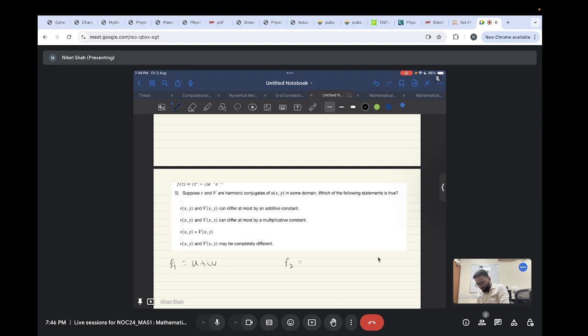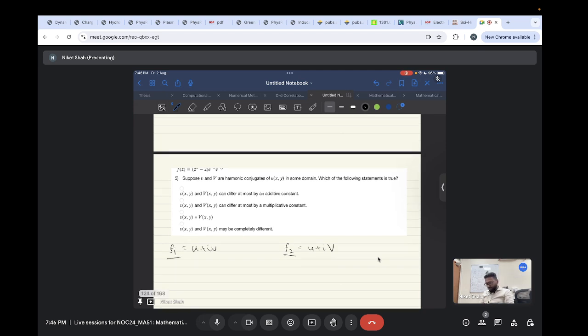The second one is f2 equal to u plus i into capital V. Because we've been told that u and v are harmonic conjugates of each other and they are analytic, of course, f1 and f2 both are analytic functions in some domain.